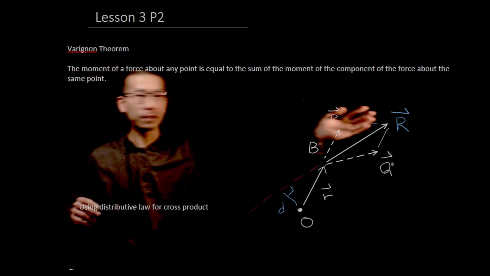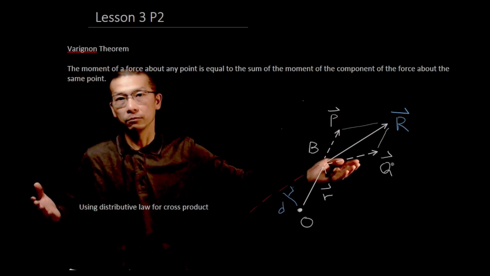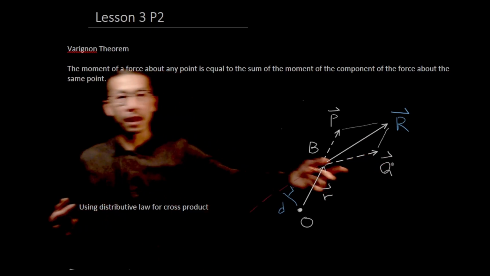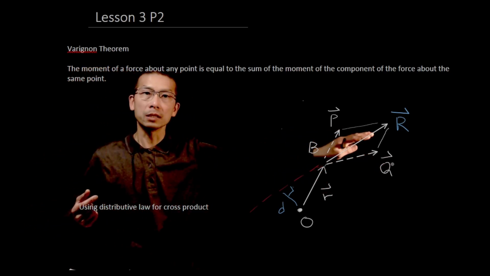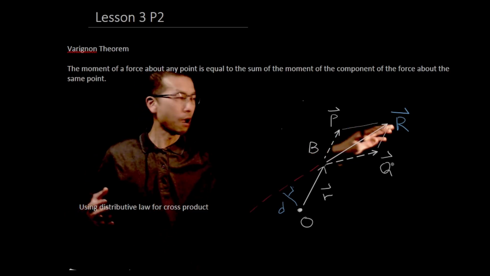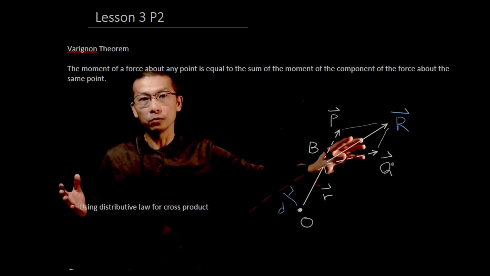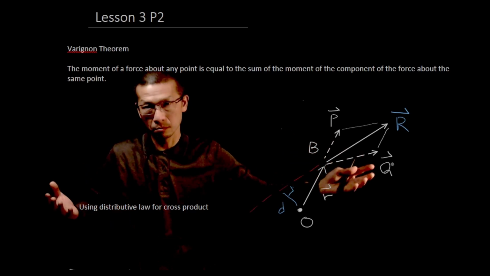So R is equivalent to P plus Q, really. It's just what it's saying. The sum, and the moment of this R force, R vector, is equal to the moment of P plus the moment of Q. This is what it's saying.